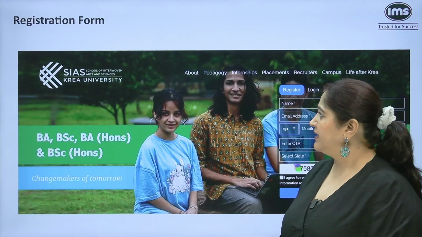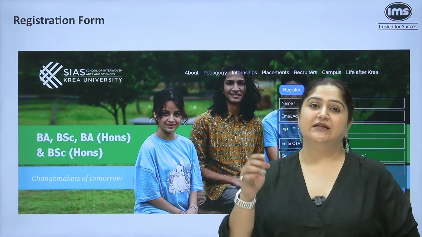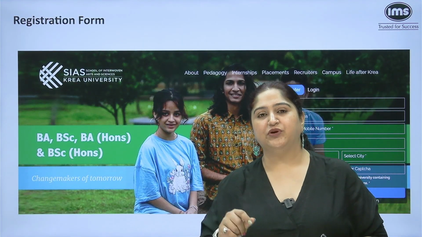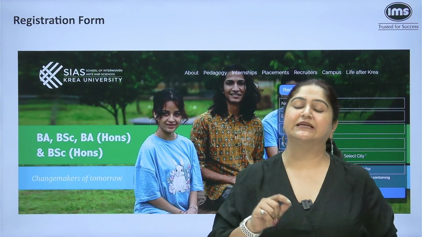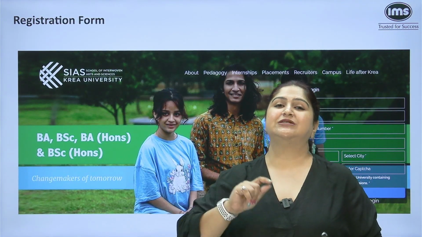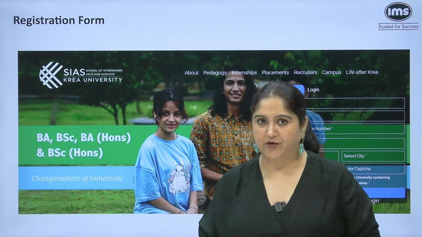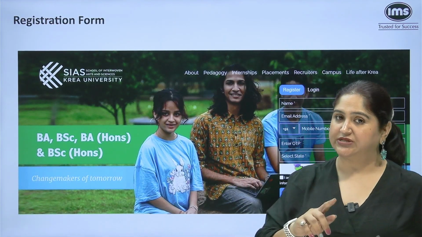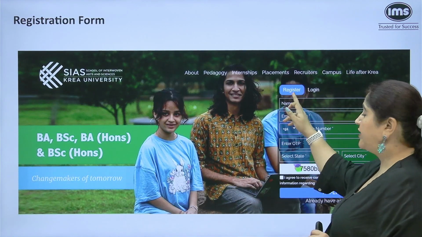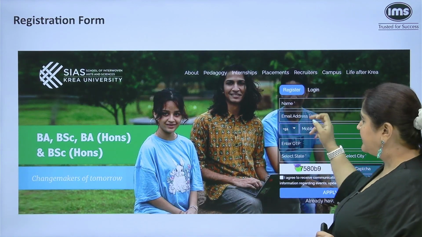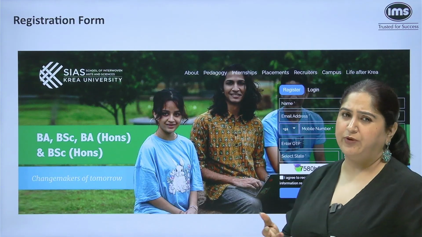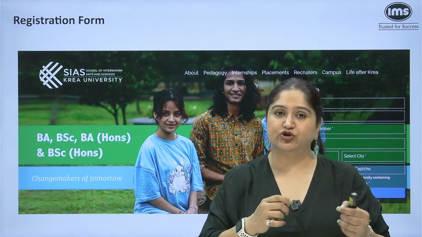Okay, now moving ahead to the registration. The registration link will be available for you in the description, or you can directly go to the grad school zone, which will take you to this particular page. If you have never registered for Krea, it will ask you to register, the blue button here. You will have to click there and ensure you update your complete name and your email address.